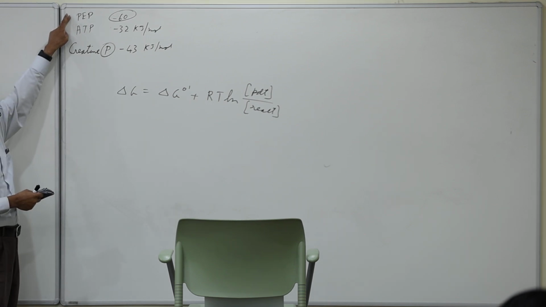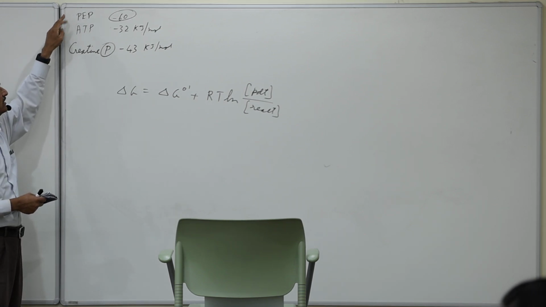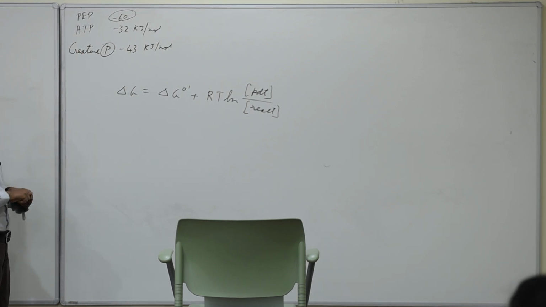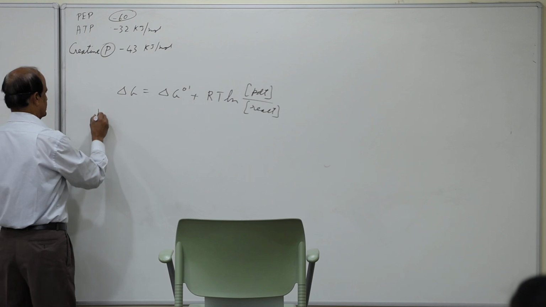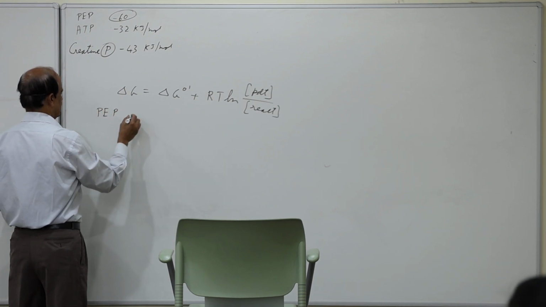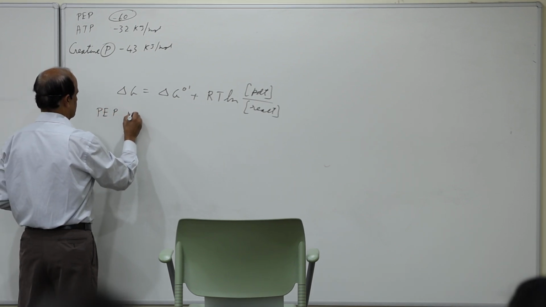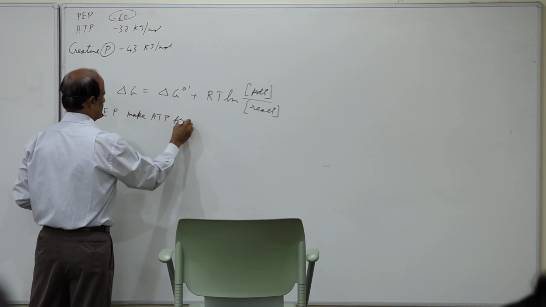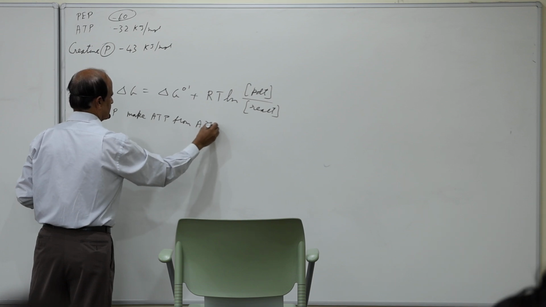For example, phosphoenol pyruvate is a higher energy compound than ATP. So phosphoenol pyruvate is used to make ATP. So phosphoenol pyruvate will make ATP from ADP and phosphate.